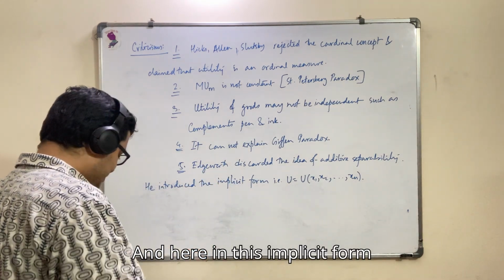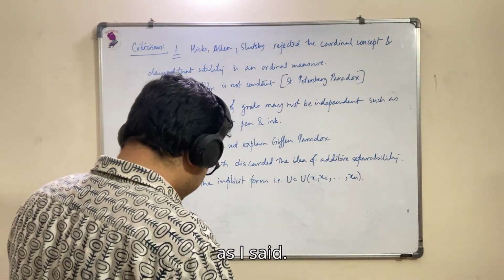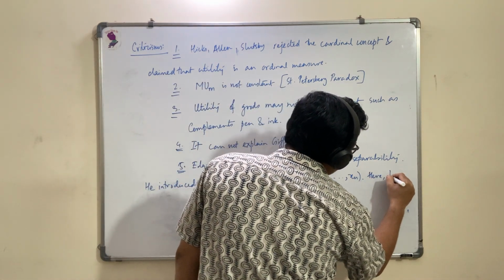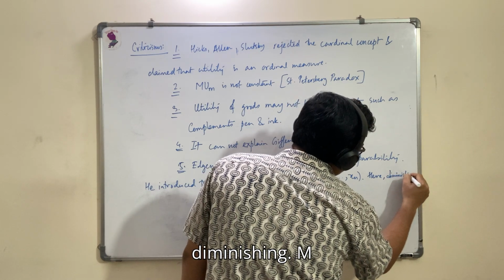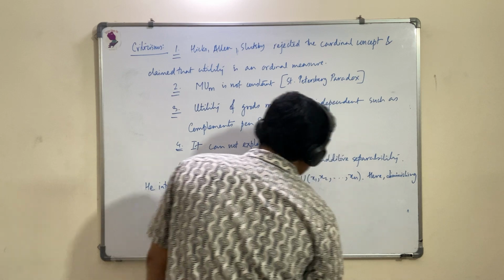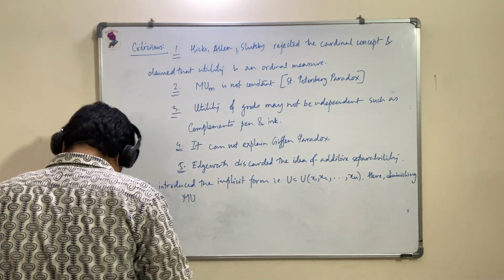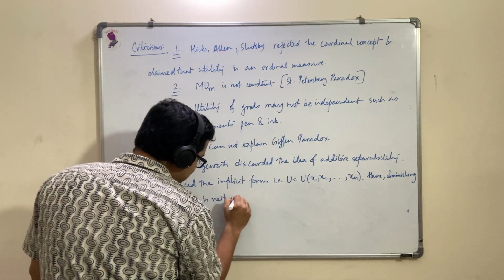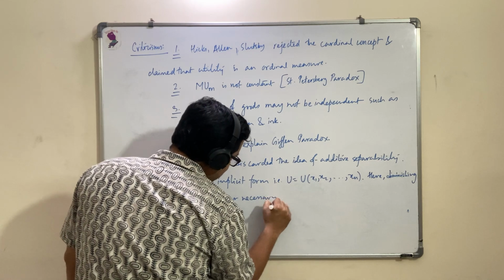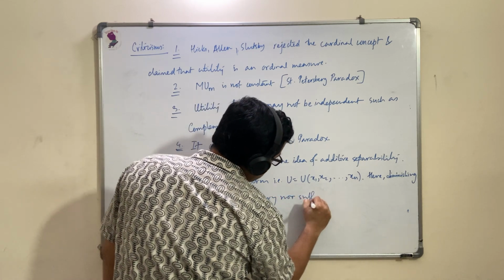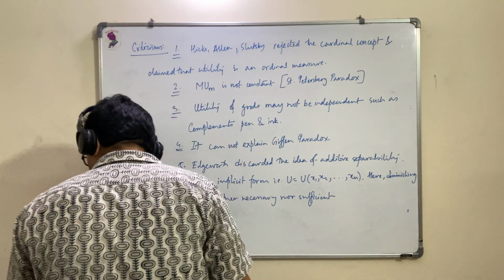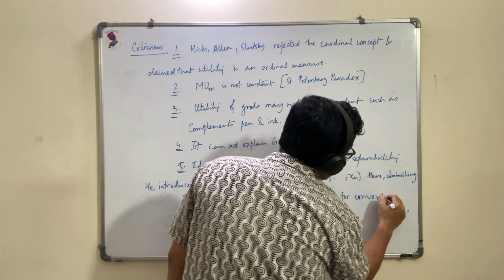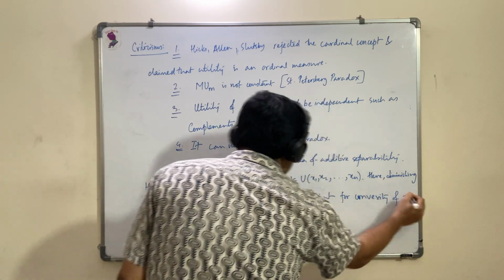And here in this implicit form, as I said, diminishing MU is neither necessary nor sufficient for convexity of IC.